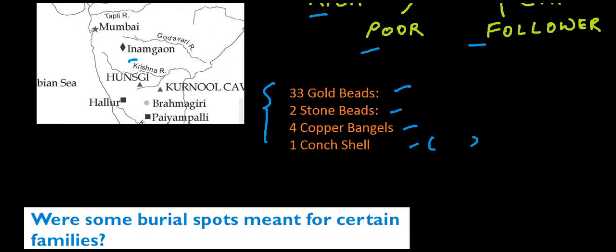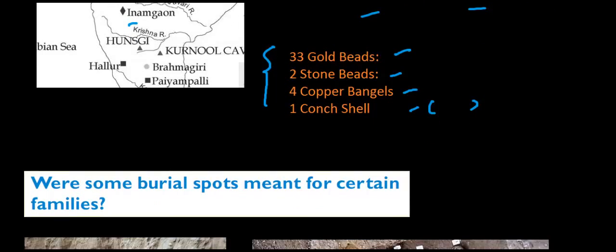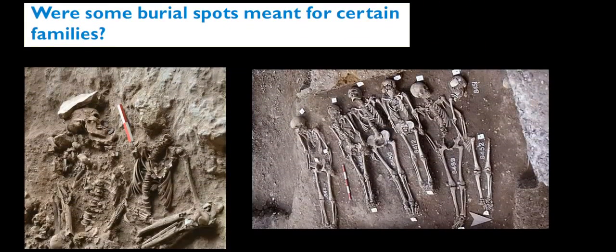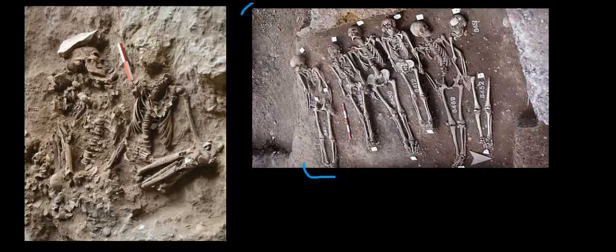Now let's see whether some burial spots were meant for certain families. That is, was it probable that the burial spots were meant for only one family or one clan of a village? We have found that several of the burial sites had many skeletons along with them. For example, in this photograph, we see two skeletons kept alongside, and in this particular one, we have several of them kept along.